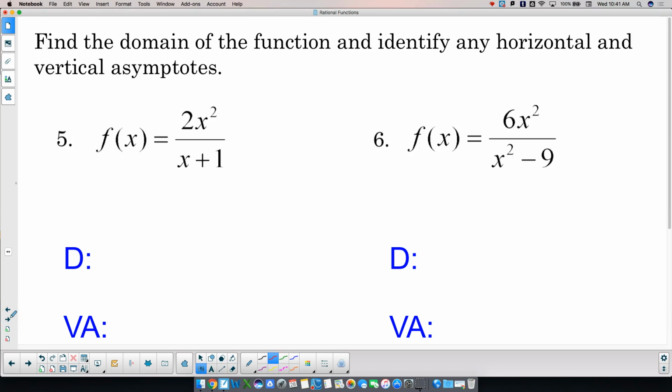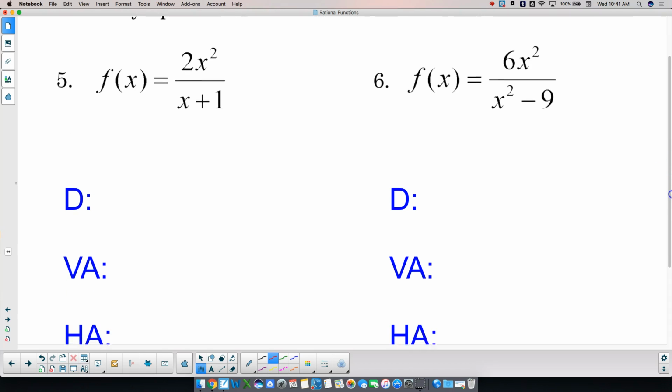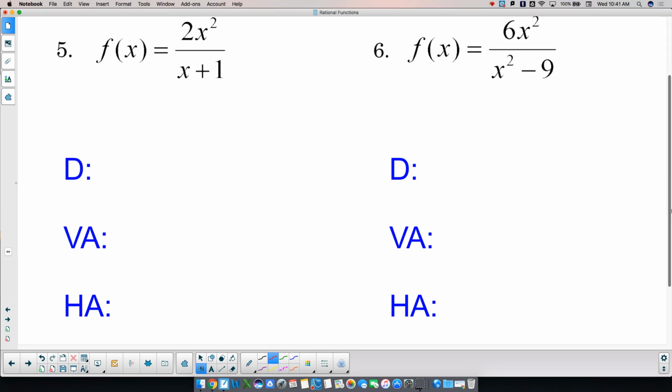Find the domain of the function and identify any horizontal or vertical asymptotes. Okay. So, if I'm looking at number 5, first thing I'm going to do is say x plus 1 equals 0. So then that gives me x equals negative 1. Set the denominator equal to 0. Step number 1.